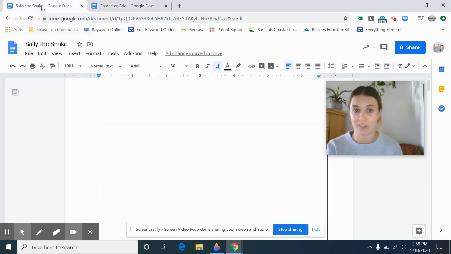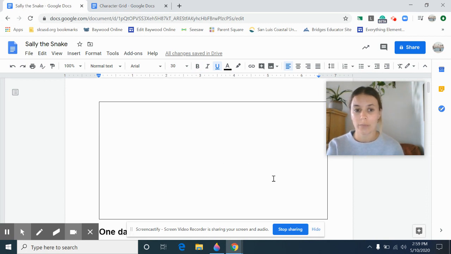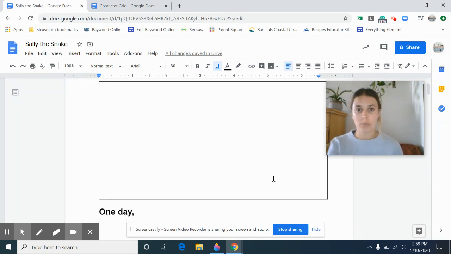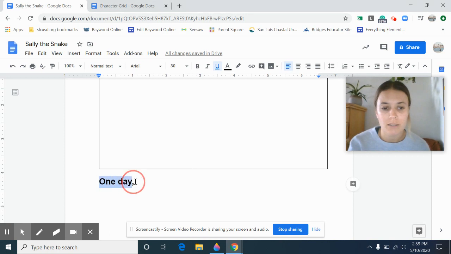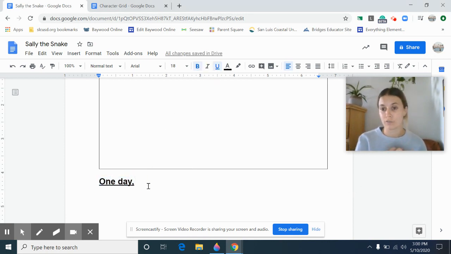Once you're finished with that, I want you to focus on Miss Klein's screen. I have here a piece of paper that looks kind of similar to our paper in class. All right. So Miss Klein is going to be showing you how to write your first page of your character adventure story. And there's a couple important pieces.